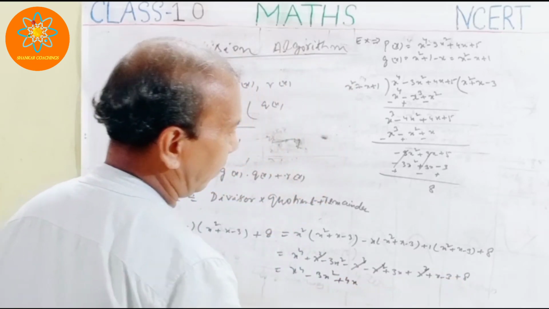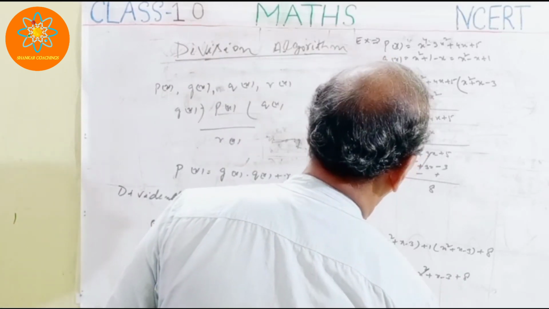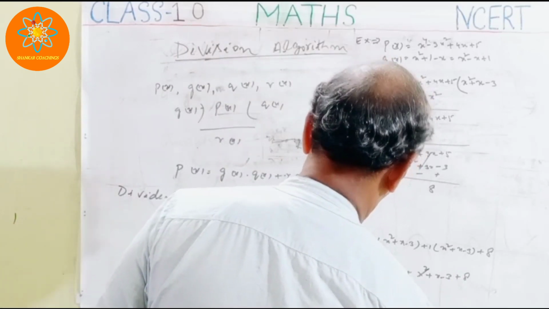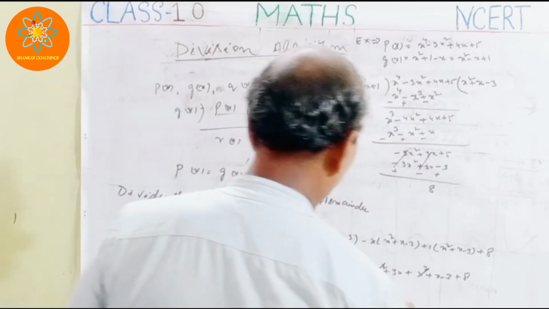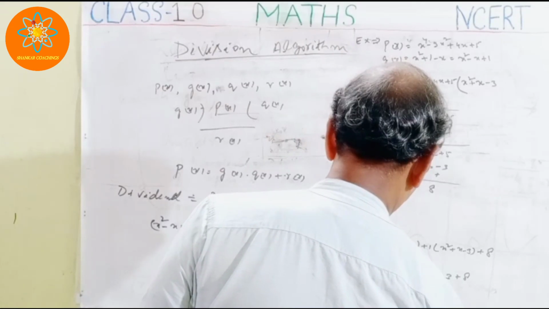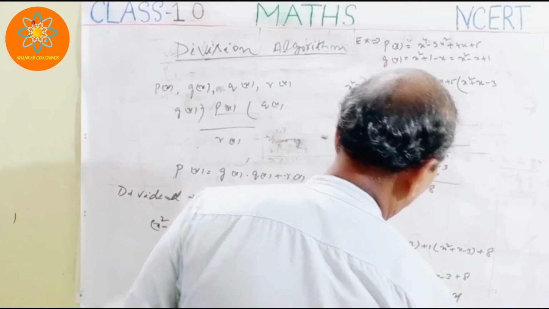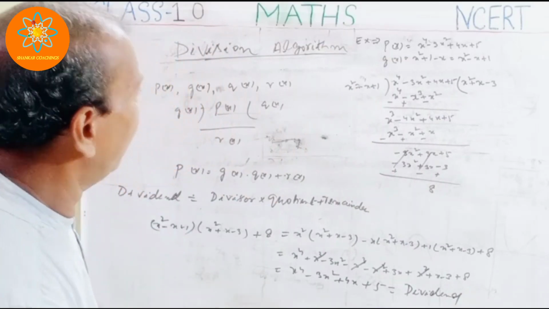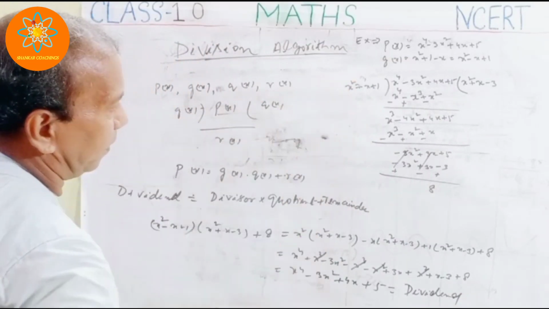And I have minus 3 and plus 8, which obviously is plus 5. So this is equal to the dividend. So the division algorithm is true for this example.